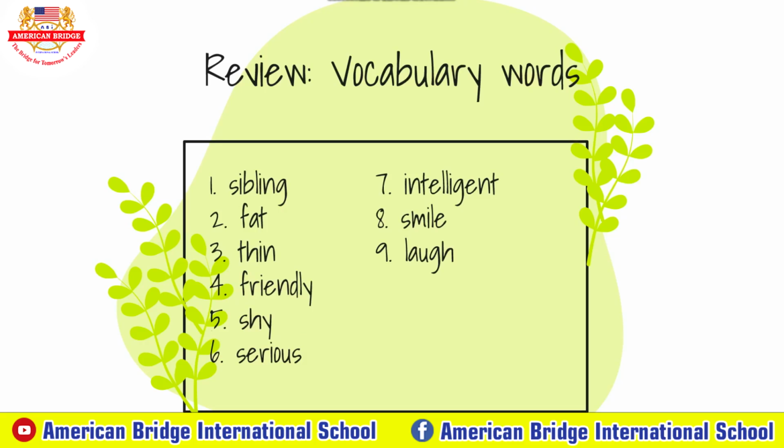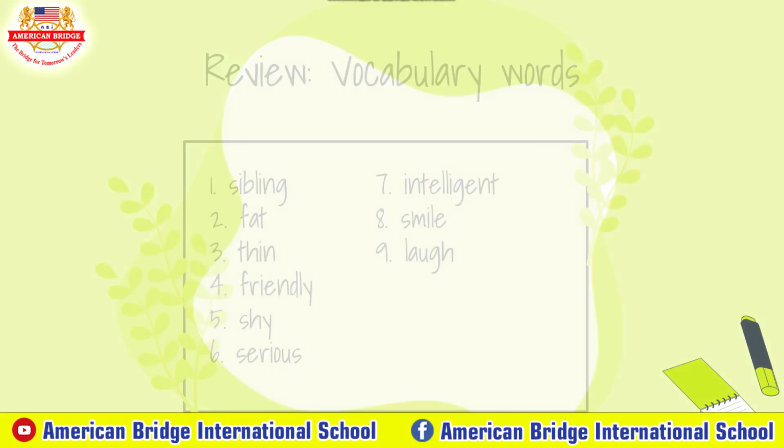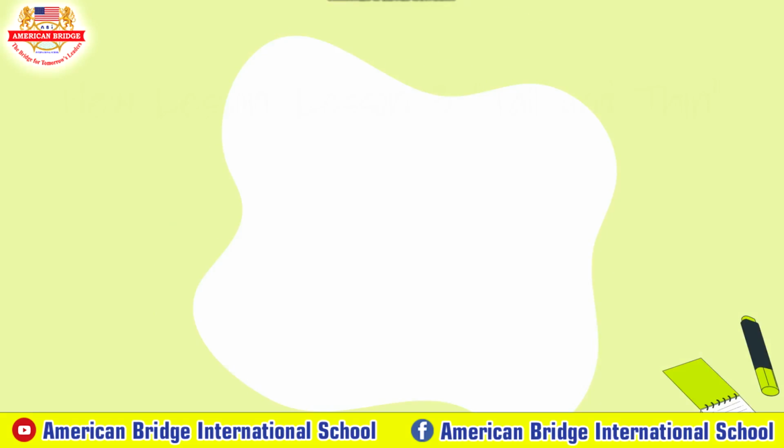The second one is fat. Third is thin. Fourth is friendly. 5 is shy. 6 is serious. 7 is intelligent. 8 is smile, and 9 is laugh. So this is our review of vocabulary words.